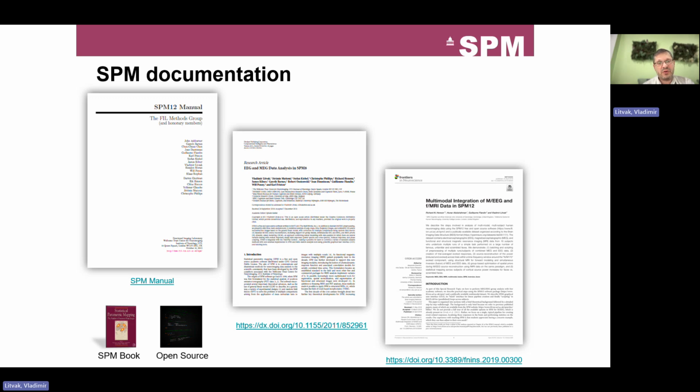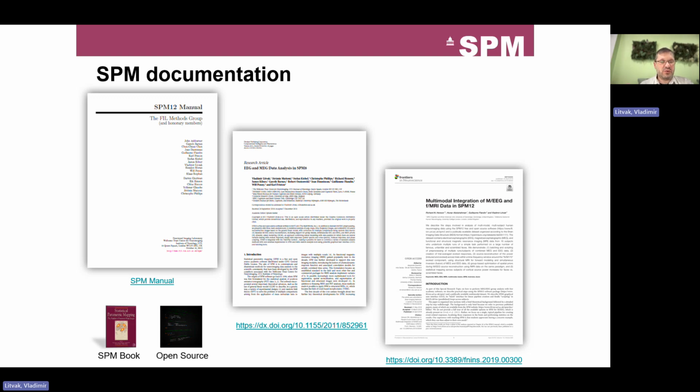And a more recent paper about multimodal integration of EEG, MEG, and fMRI data gives you a specific walkthrough of an example of group analysis in SPM, and we will use parts of this example here during the course. Some other sources of information that might be useful: the SPM book, which was published, I think, in 2006, but for a deep dive into the concepts and mathematical ideas behind SPM, it is still useful because those ideas have not changed much.